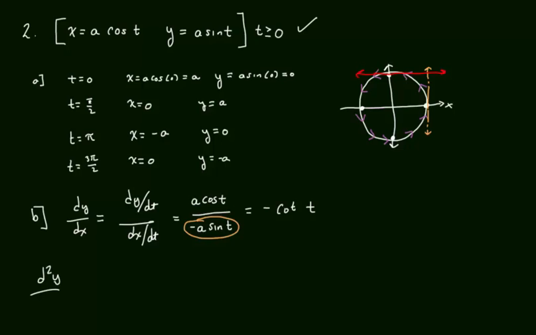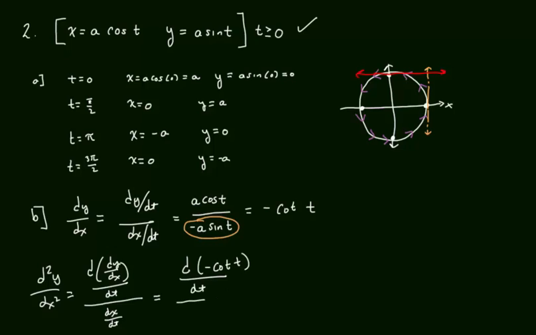Now for d squared y, dx squared, maybe press pause here, work it through, and then let's check. So this is the derivative of dy/dx with respect to t, and then what most people forget is to divide by dx/dt. So I need to take the derivative with respect to t of negative cotangent of t, and then divide that by dx/dt, which was negative a sine t.